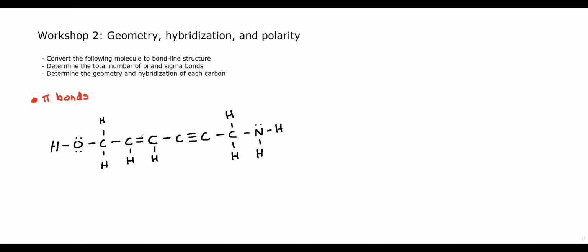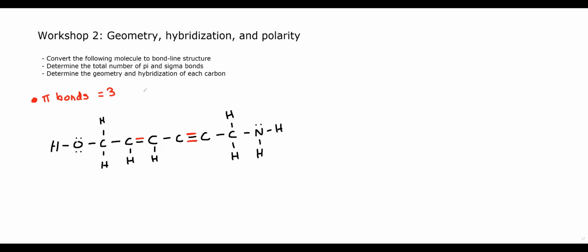Remember, pi bonds are going to be either double bonds or triple bonds. In a double bond, there's one sigma bond and one pi bond. And in a triple bond, there's one sigma bond and two pi bonds. So since we have one double bond and one triple bond, our total number of pi bonds is 3.